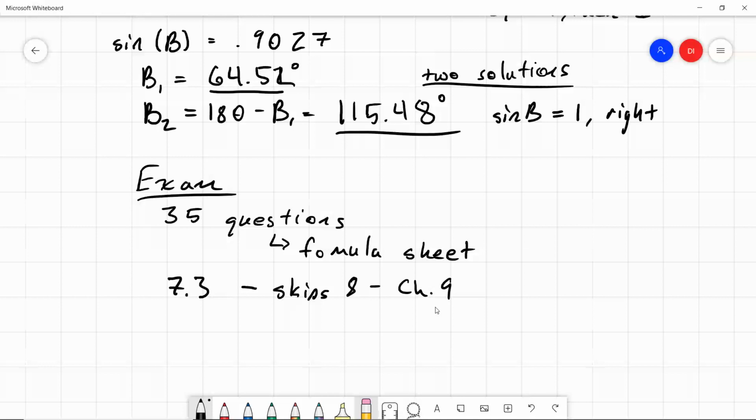If I recall, it's nearly a 50-50 split between chapter 7 and chapter 9. I know timing factored into it because chapter 9's questions are timed as taking longer. It'll all be problems that you've seen before.